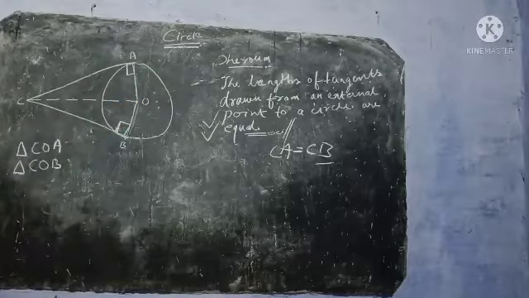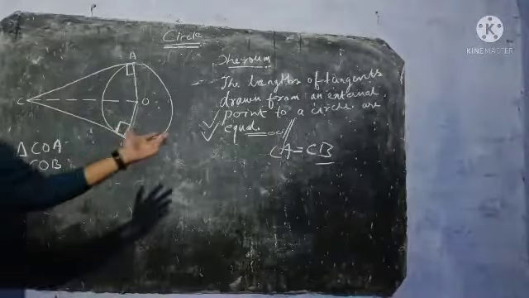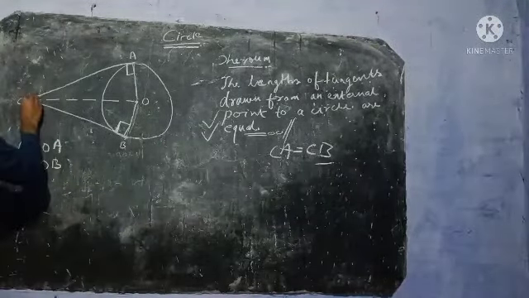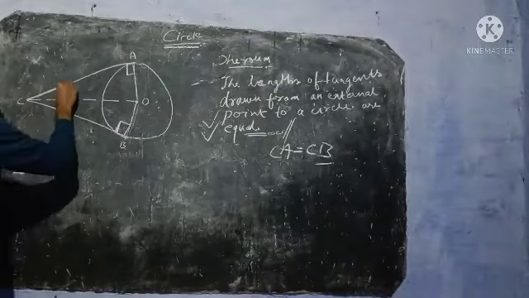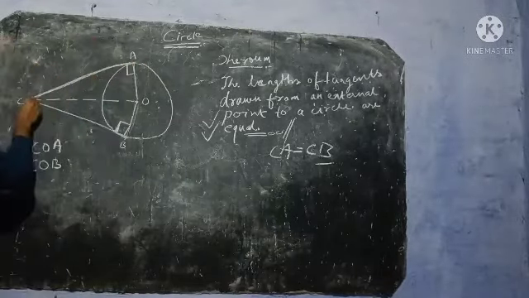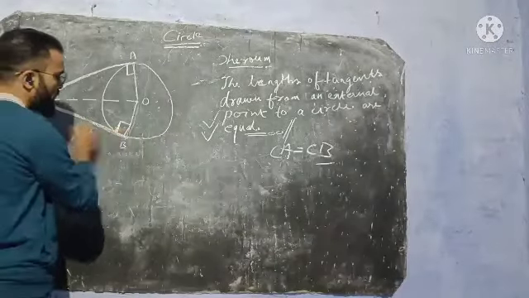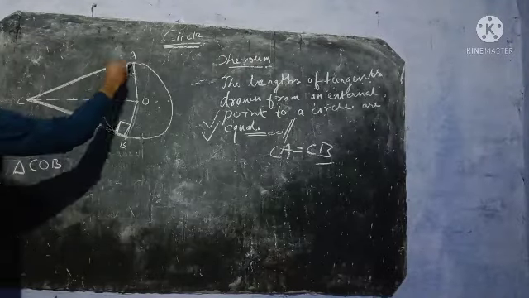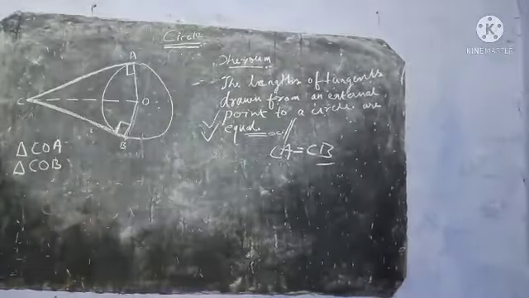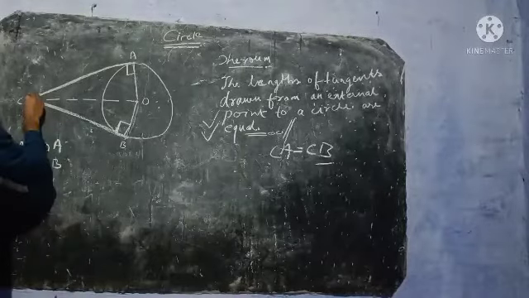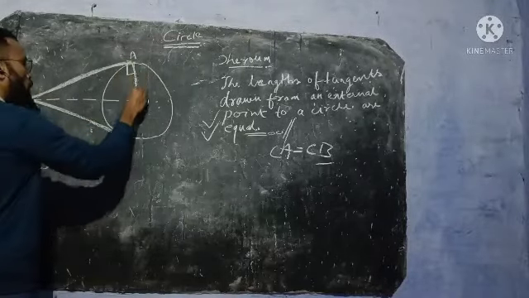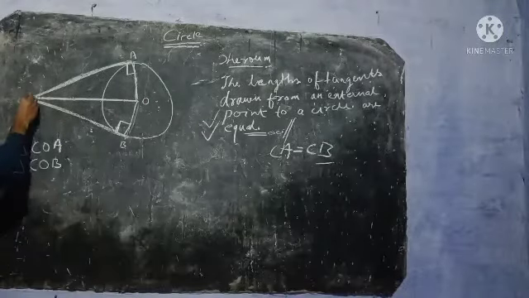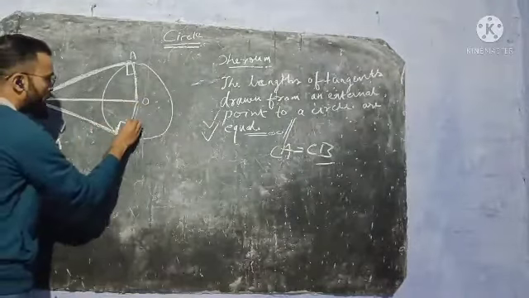Now, my theorem is saying that CA is equal to CB. So, I need to prove that CA is equal to CB. Let's look at the diagram. To prove CA is equal to CB, if you see, there are two triangles: CAO, and then another triangle CBO.